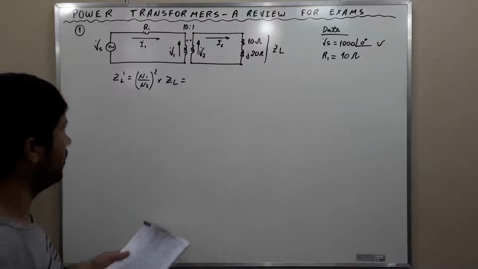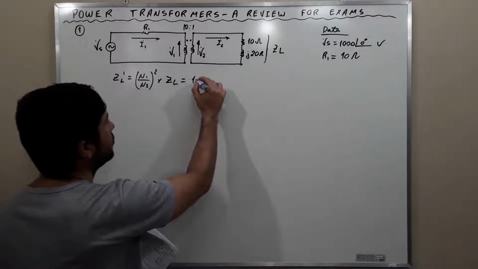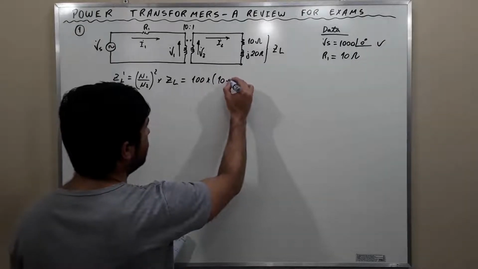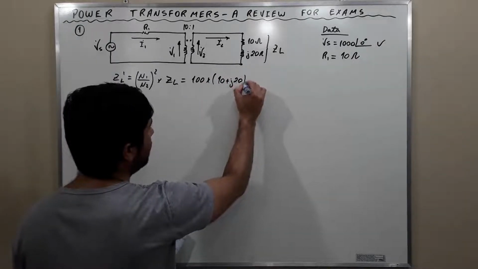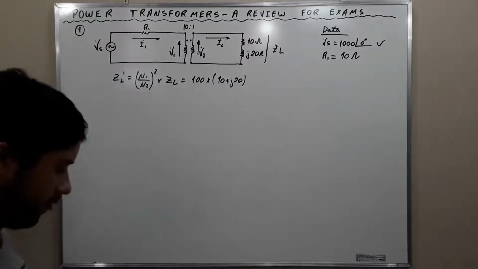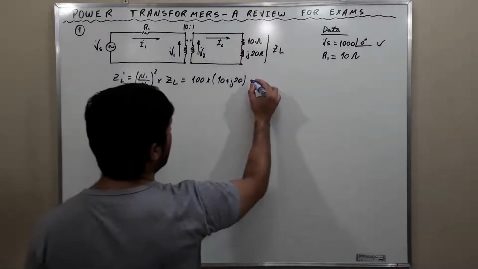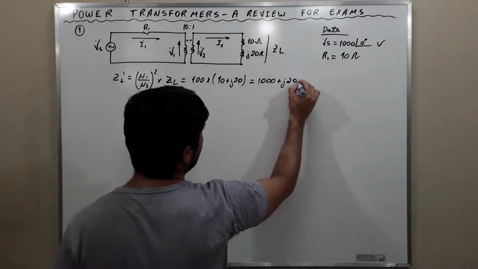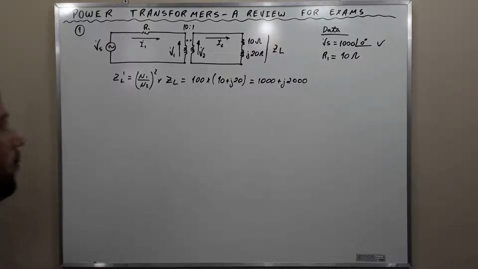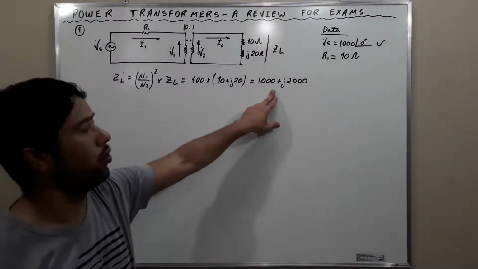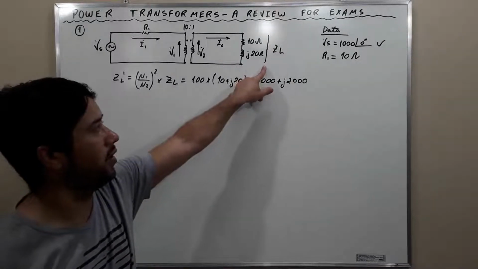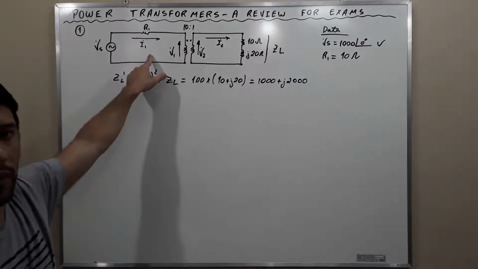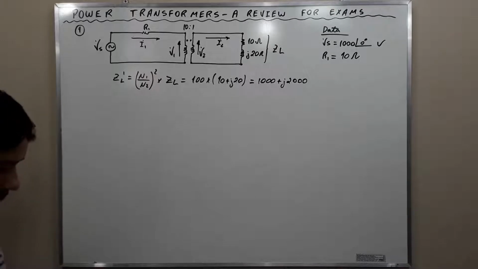Therefore, it is going to be 100 times 10 plus J20, and this gives a value of 1000 plus J2000. This value represents this impedance but referred to the primary side of the transformer.